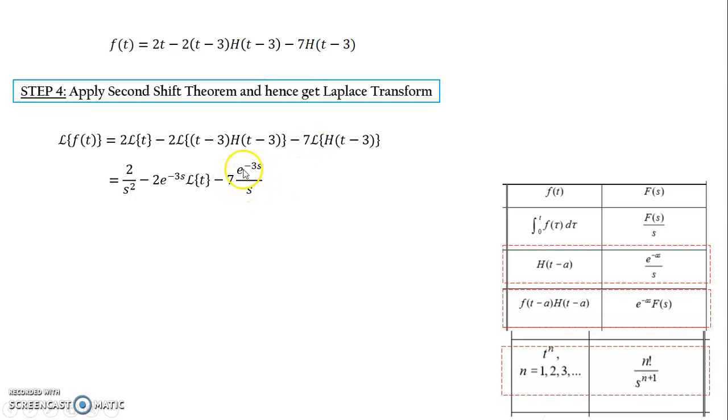And then minus 7 exponent negative 3s over s. Okay, so the Laplace transform of t is given by 1 over s squared. So finally what you have, 2 over s squared minus 2 exponent negative 3s over s squared minus 7 exponent negative 3s over s. So this is the output of the Laplace transform for evaluation using the second shift theorem.